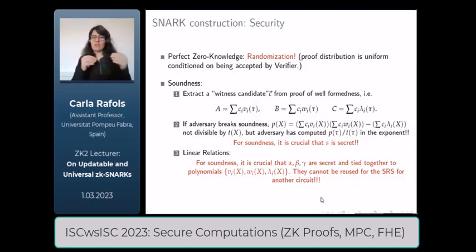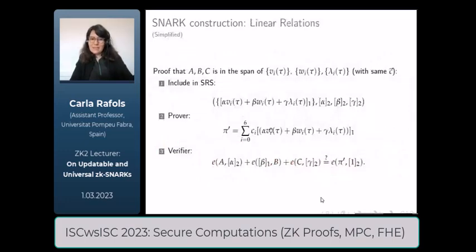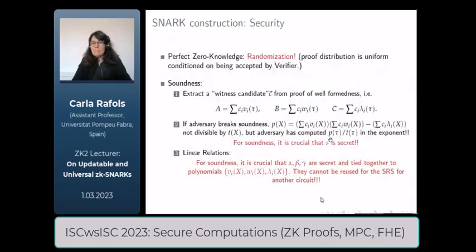Okay. For linear relations, the thing I want you to remember is that, to make sure the adversary cannot cheat, it's important that alpha, beta, and gamma are secret, because you need them to be tied together to B, W, and lambda, okay?